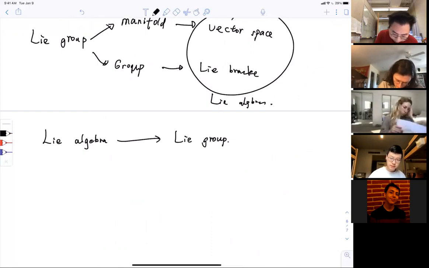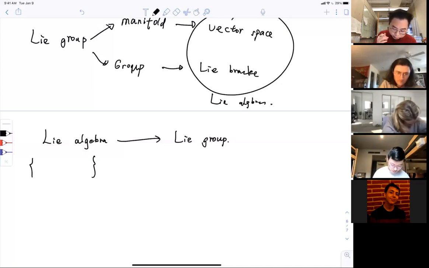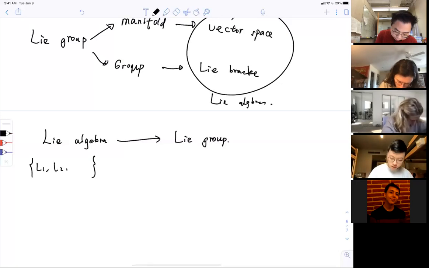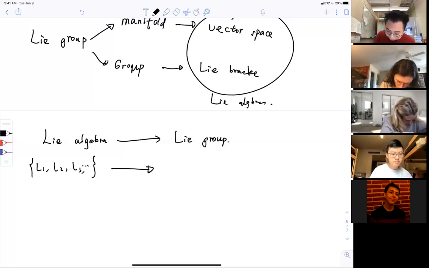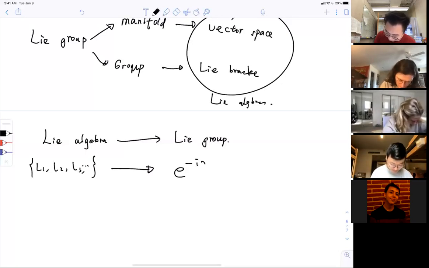The algebra is nothing but a vector space with a bilinear operation, right? And whenever you have a Lie algebra, you should ask what the basis is. In terms of physics, what are the generators? We denote them as L1, L2, L3, and so on. To get the Lie group, we only need to do this operation: take the exponential.